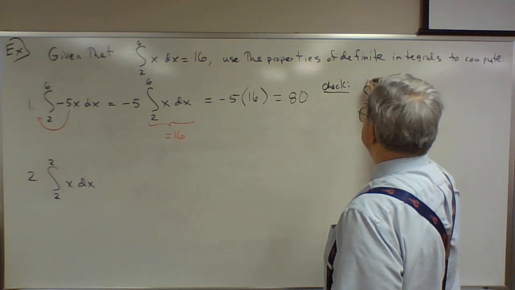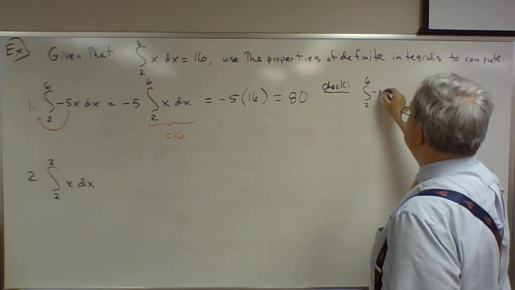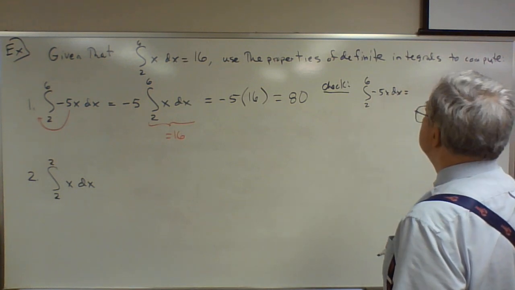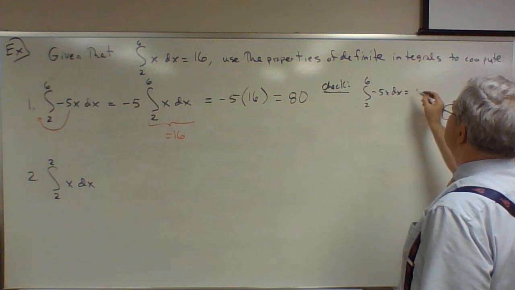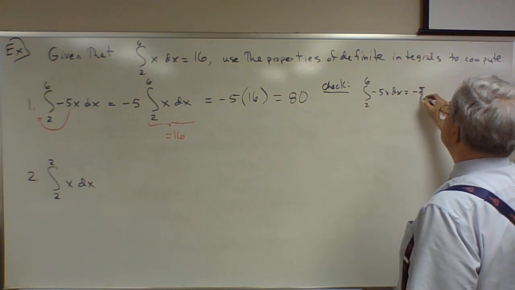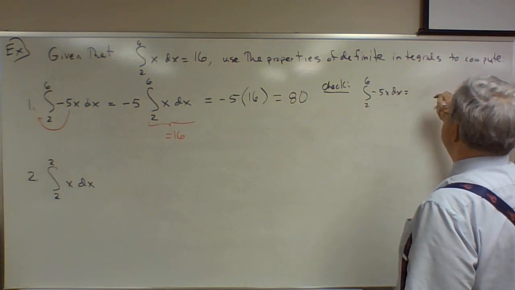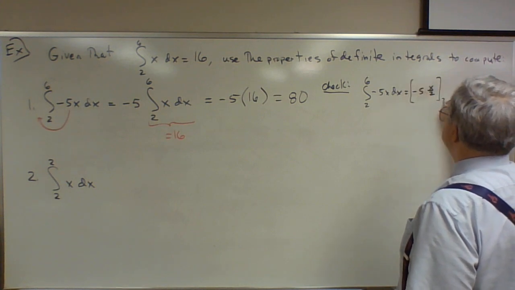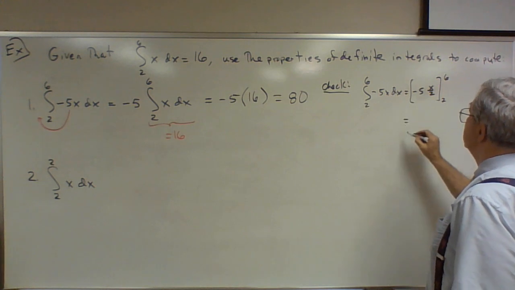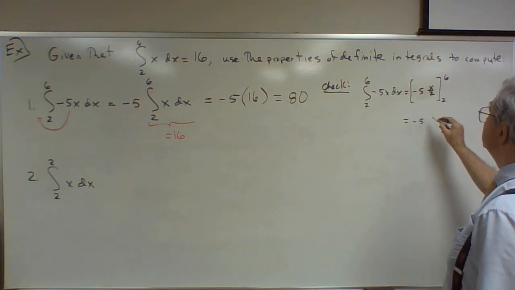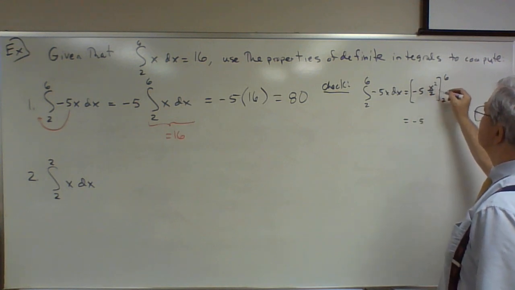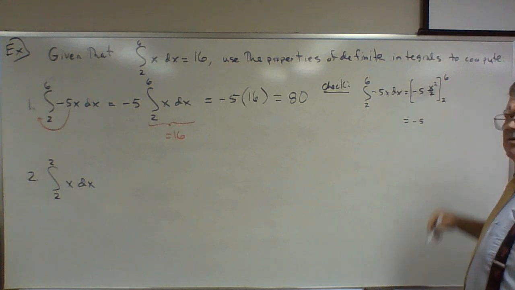The integral from 2 to 6, -5x dx. That's going to be -5x squared over 2 from 2 to 6, forgive me.